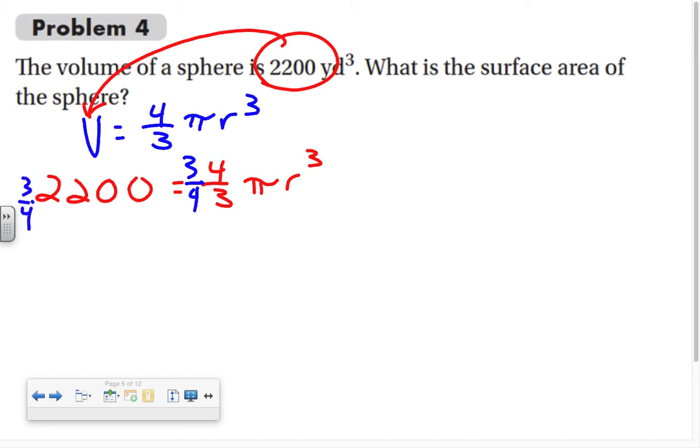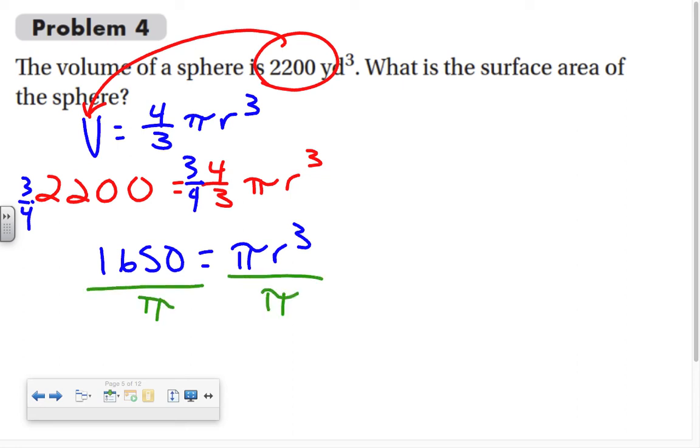Okay, so 2200 times 3/4 is 1650, equal to pi r cubed. Next step, in order to get that r cubed by itself, is to divide by pi. Again, these instructions don't specify, but let's definitely evaluate that out.